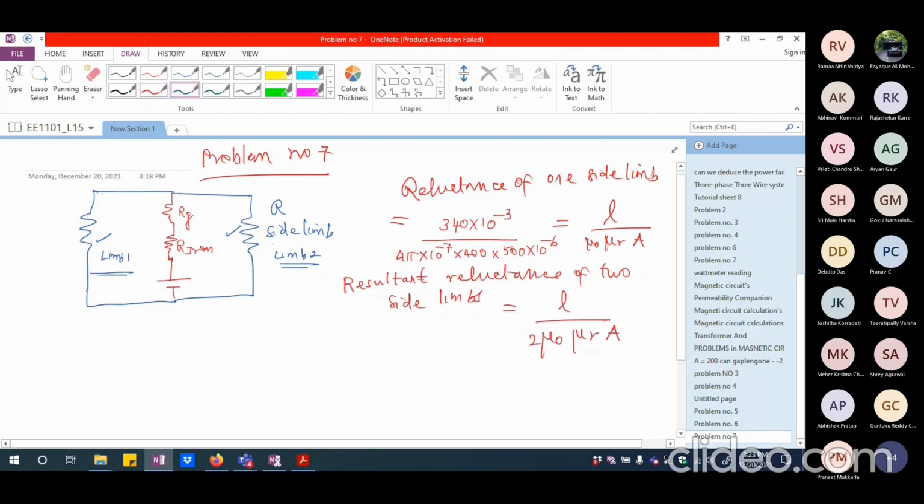Now to this we have to add Rg and R iron. And then we have to use the total reluctance and divide MMF by the total reluctance so that we get the flux. So I can calculate what is Rg and what is R iron.